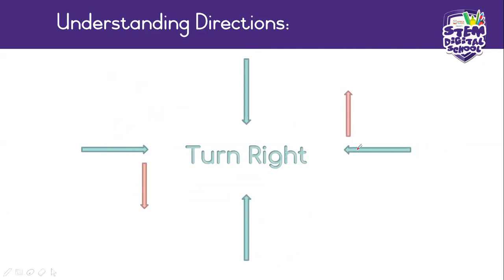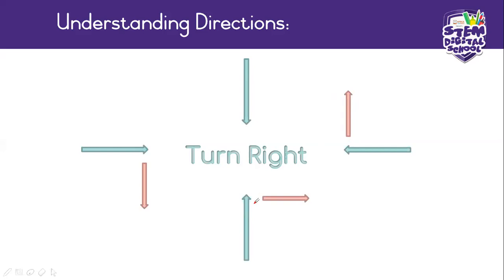If he's facing in the opposite direction, then turn right is going to be up. The only way you guys can really remember this is if you imagine that you are turning your body and you are facing exactly the same way as your character. Then it is easier to see where is left and where is right.